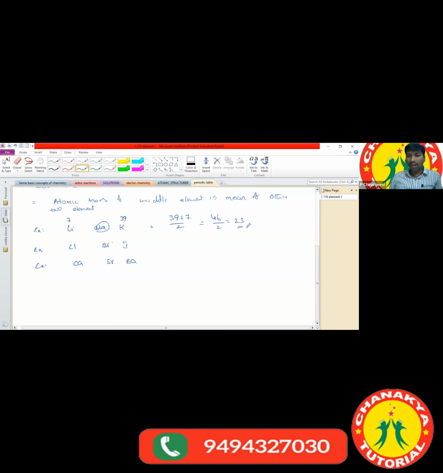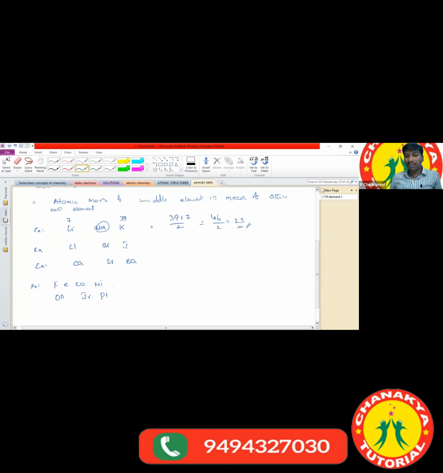Clear? Which sets of elements do not exhibit a Dobereiner triad? Here the examples are iron, cobalt, nickel, and osmium, iridium, platinum.